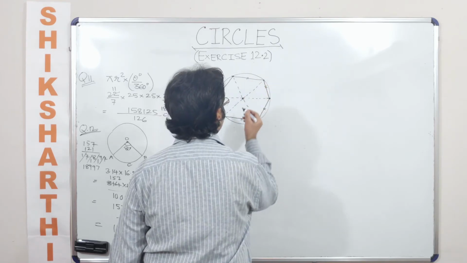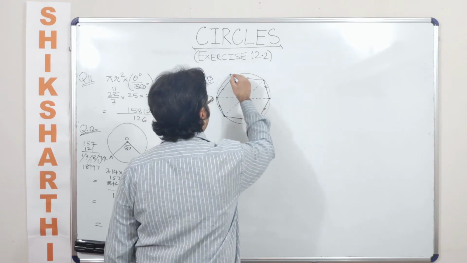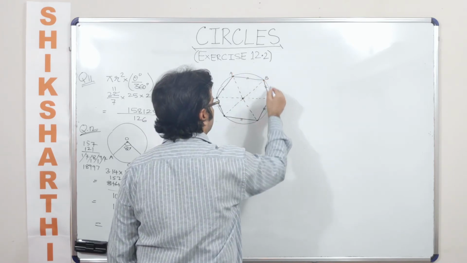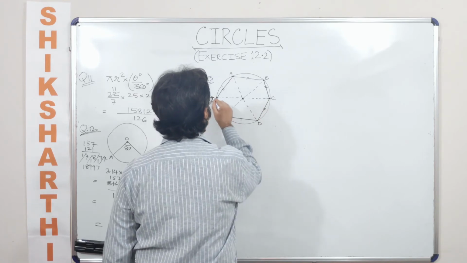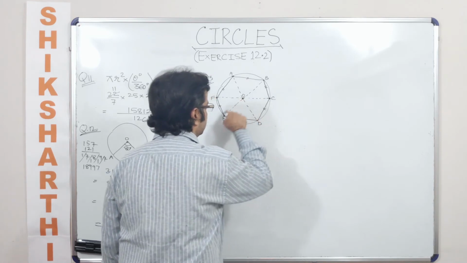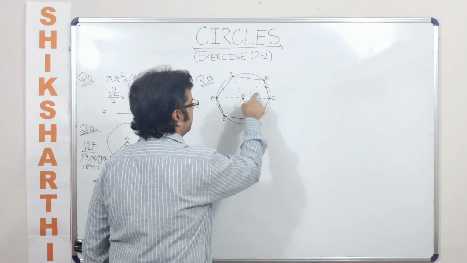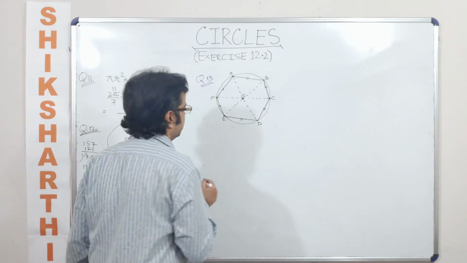Now let's say that this is A, this is B, this is C, this is D, this is E, this is F, and this point is O. We can say that all these triangles, 1, 2, 3, 4, 5, 6, are equilateral triangles.